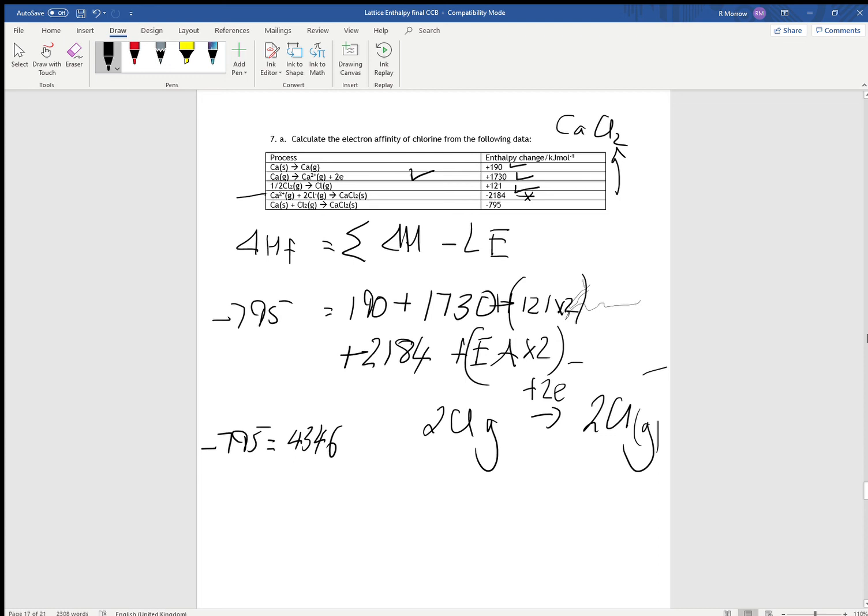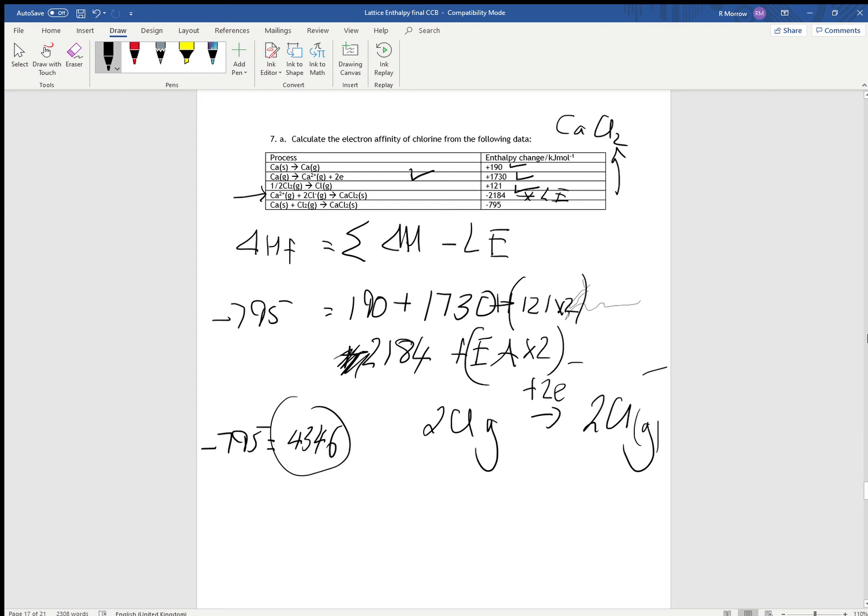This one has rather sneakily been given to me, and I fell into the trap. The lattice enthalpy has been given to me as the association. So a bit of a lesson there, guys. I got a massive figure of 4,346. That would have made the electron affinity of chlorine extremely high. So if you do get a really odd looking number, go back, double check.